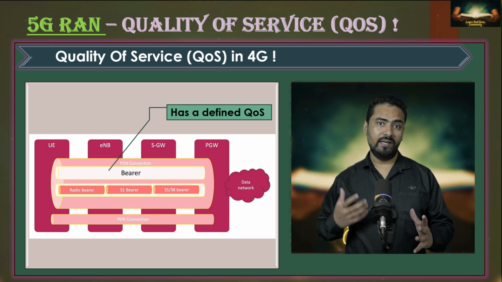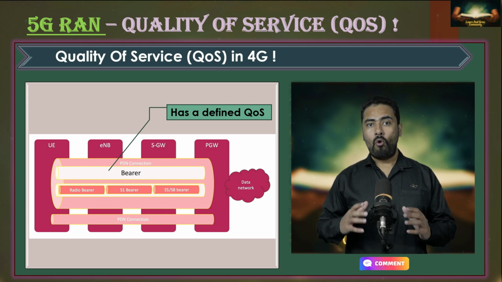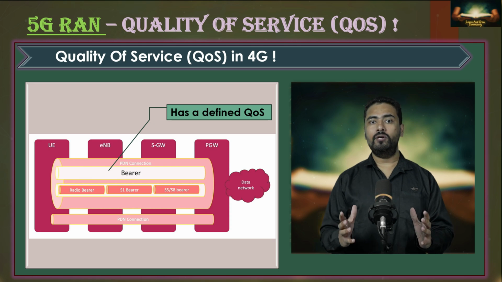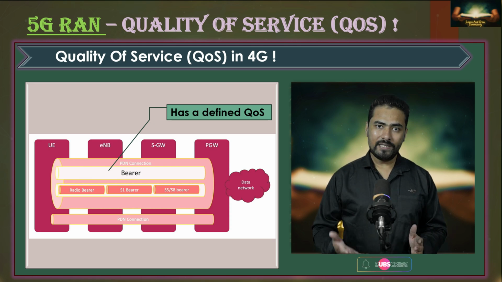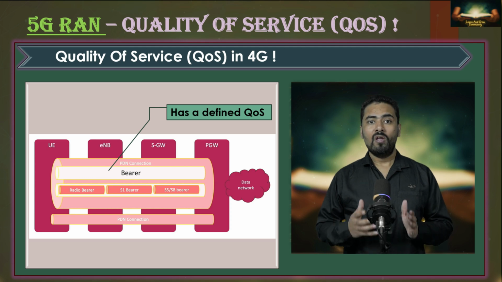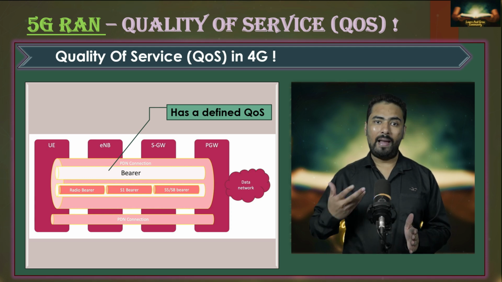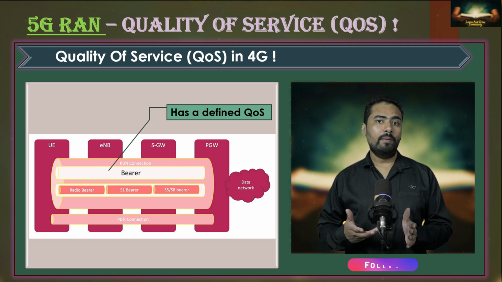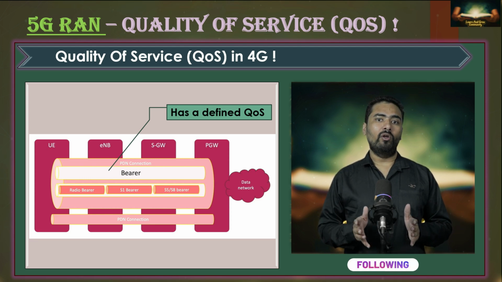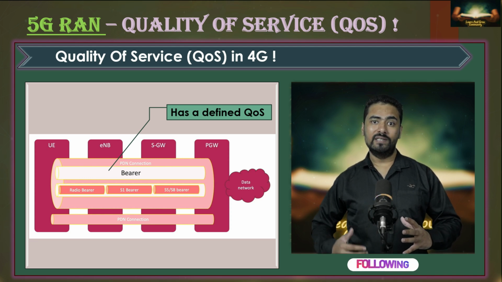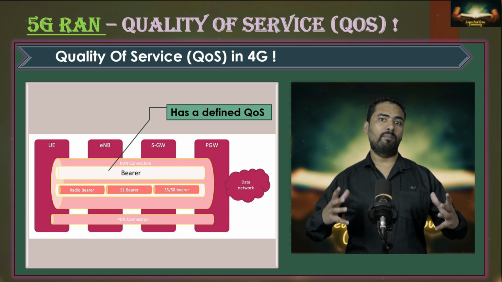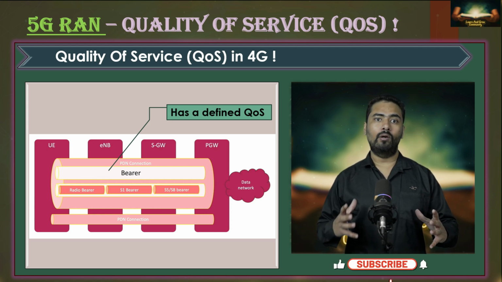So this brings the need for quality of service, where different types of services can operate efficiently and meet user expectations. A QoS parameter defines some critical characteristics. For example, what is the permissible packet delay, what is the acceptable packet error loss, and other metrics that determine the quality of connection. So, how does the network manage and prioritize the traffic from these different types of services to maintain the required QoS?